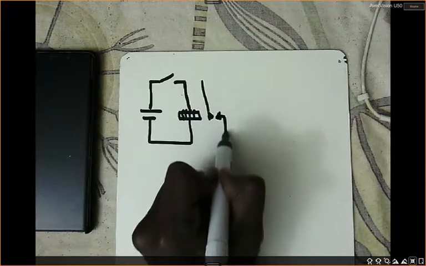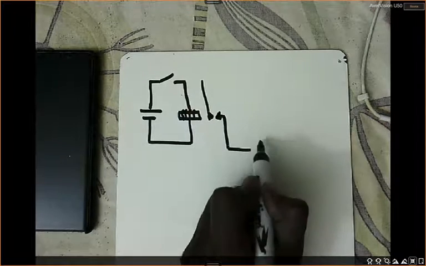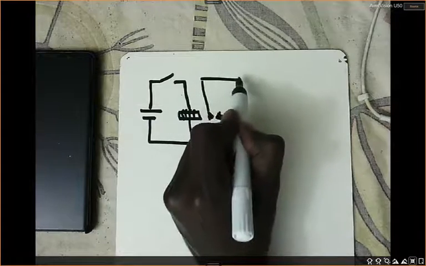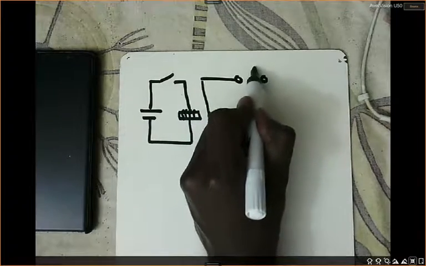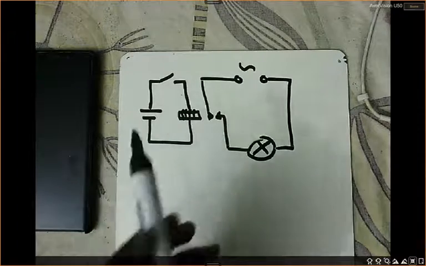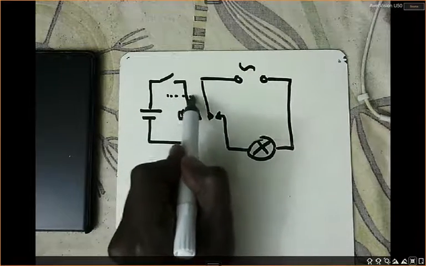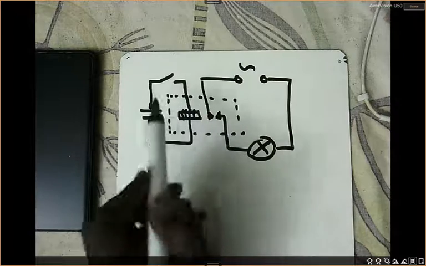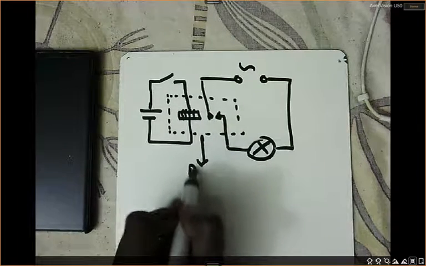These two contacts are not connected, and here there is, let's say, a lamp, and there is a mains supply. This arrangement inside the box is called a relay.